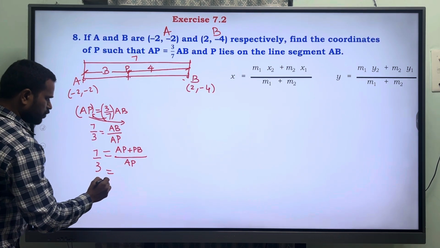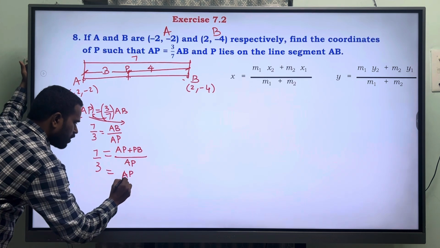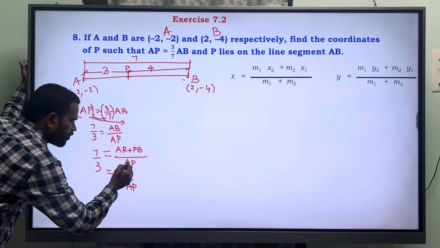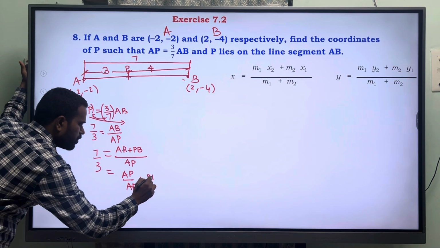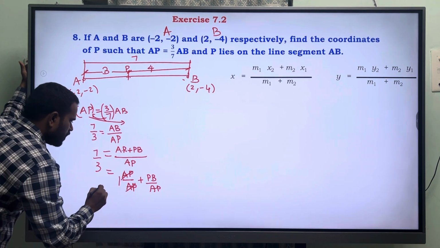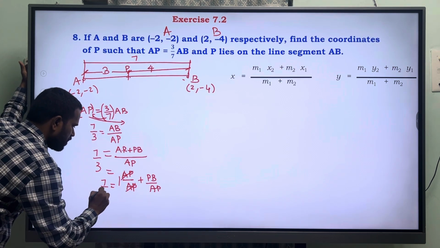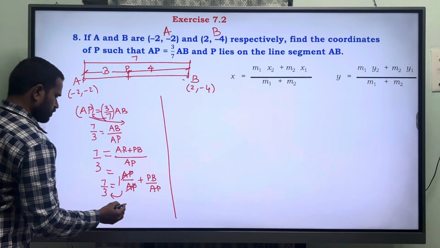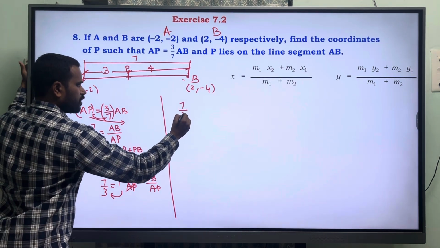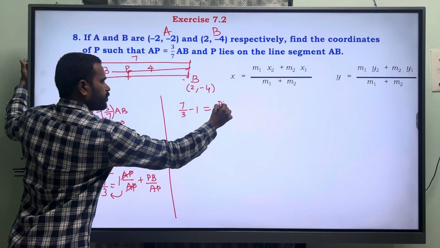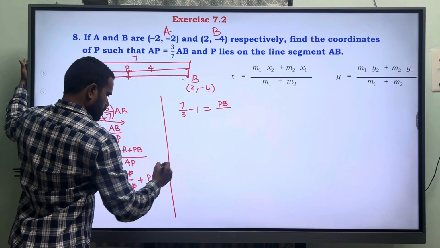That equals AP by AP, because this is common for both, plus PB by AP. So this is 1. Here the ratio is 7 by 3. So send this one to the other side. So 7 by 3 minus 1 is equal to PB by AP.